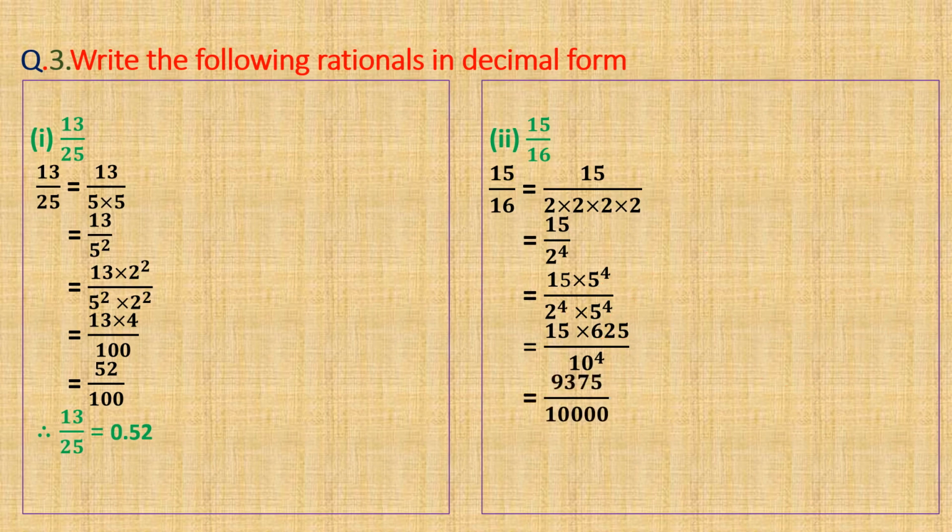Okay, so simple, write the numerator as it is, 9375. Count how many zeros are there in the denominator, 1 2 3 4. So count from the last, 1 2 3 4, so point, so 0.9375. Understood? So let us go with the next problem.